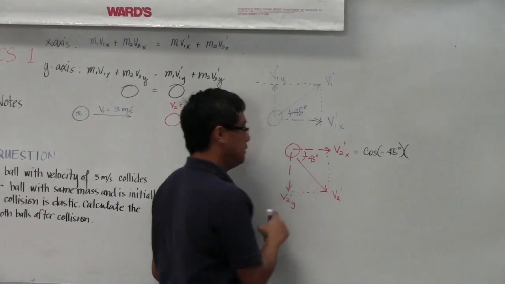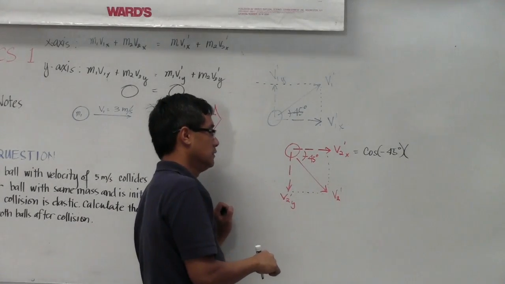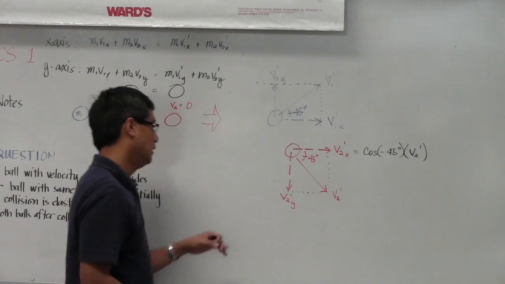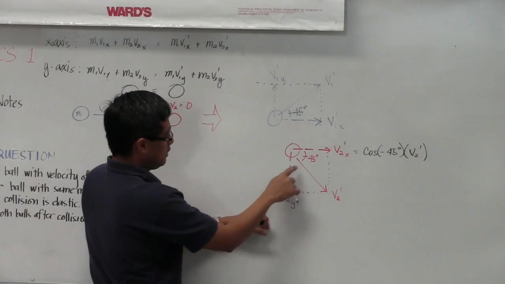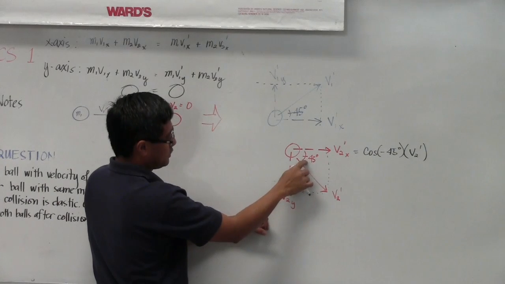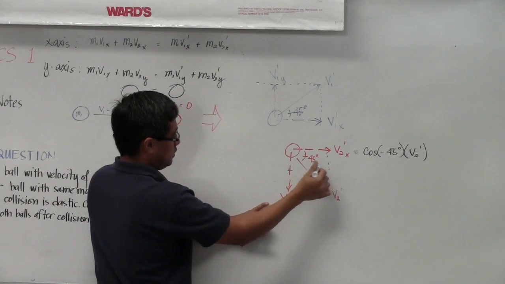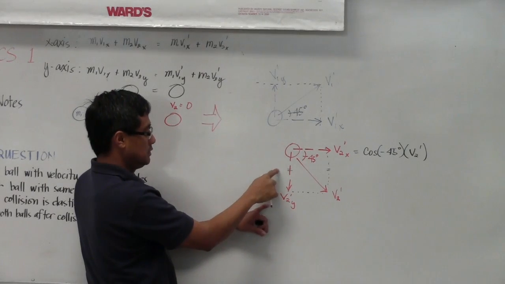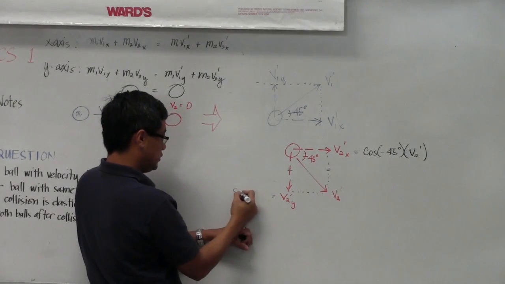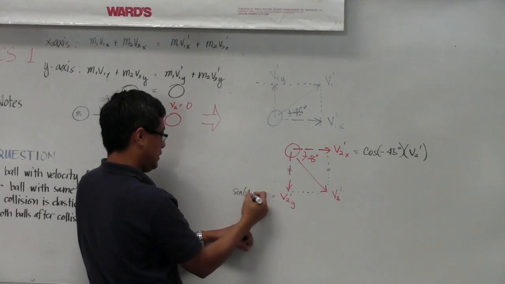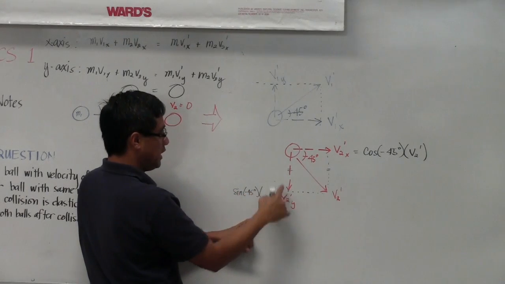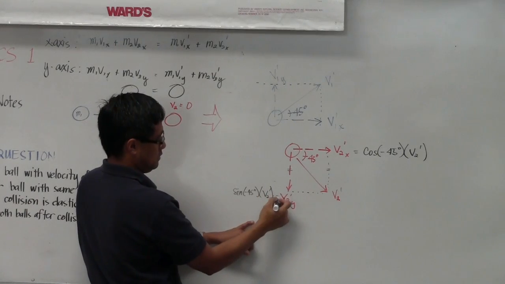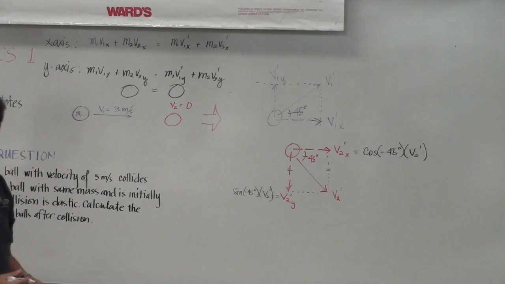And what is the hypotenuse in this case? V2 prime, right? Okay. Now, relative to this angle, these are equal. Do I use the sine or the cosine for this? Sine, right? So this one would be sine negative 45 degrees. And my hypotenuse is V2 prime. Okay?